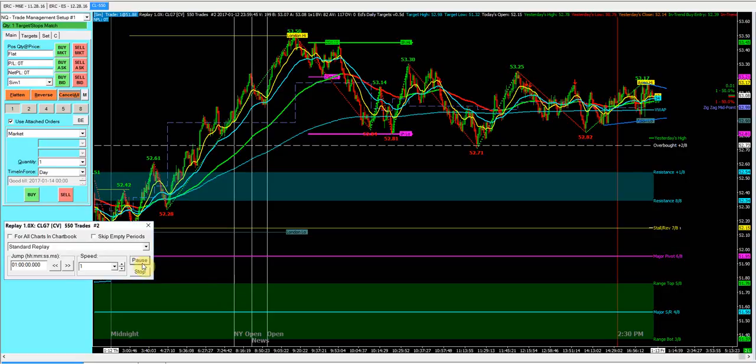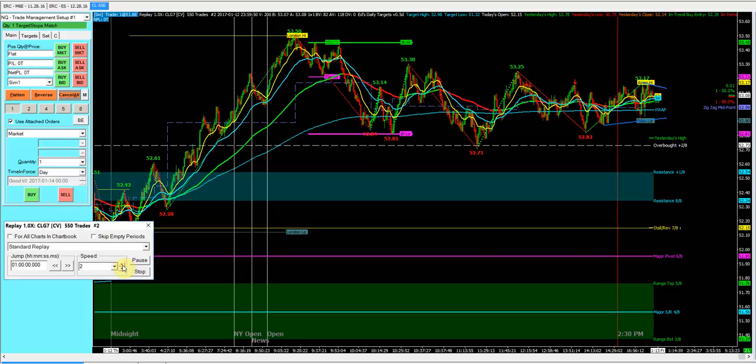So let's walk through this. I've got a few seconds. At midnight, it will automatically redraw the Murray math lines for you. They reset at midnight and will stay in the same place through the day. Let me get another bar here, and we'll see them shift in a second or two.